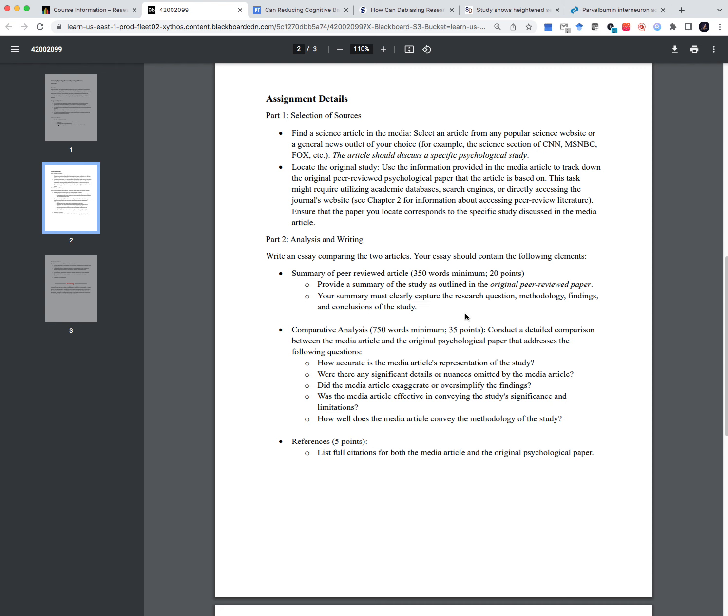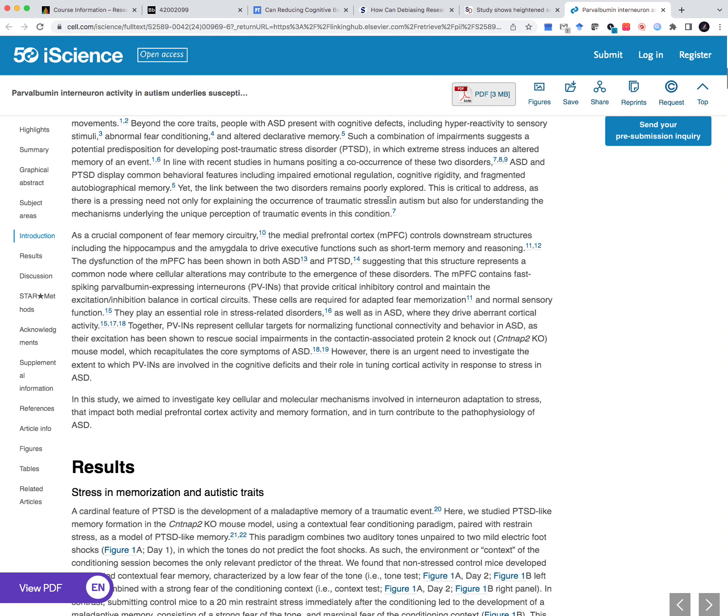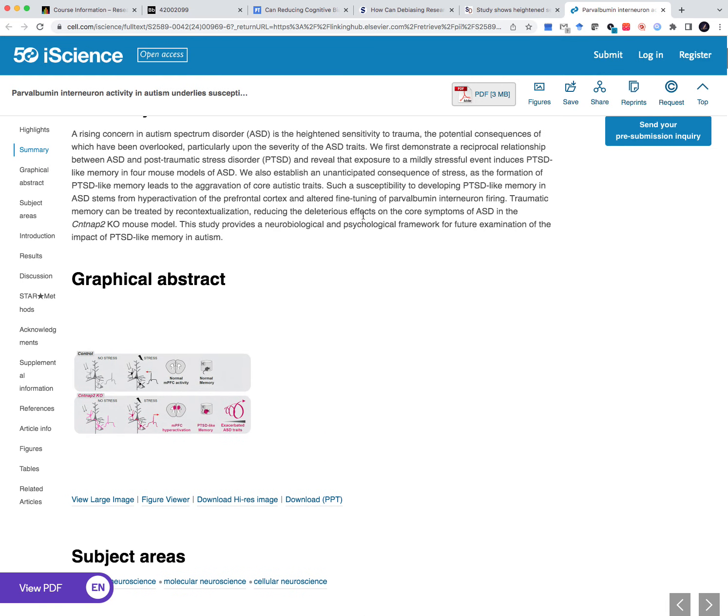Now, the next part of your essay is the comparative analysis. And now you're going to write sort of an analysis of how well this media article captures the important aspects of the original peer-reviewed paper.